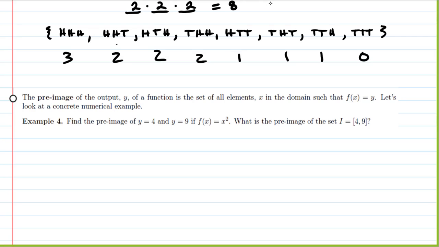So remember, f of x is just a different way to write y. So our rule is y equals x squared. So what would be the pre-image of 4? Well, we need to know everything in the domain x, so we want all x's.